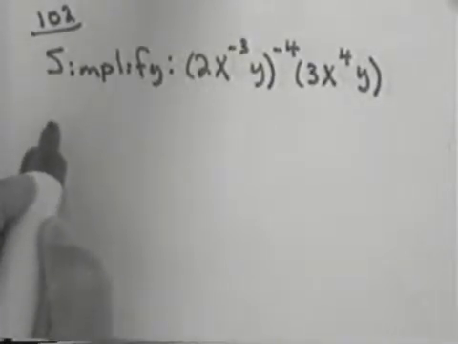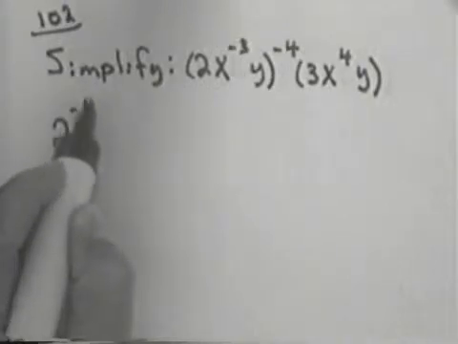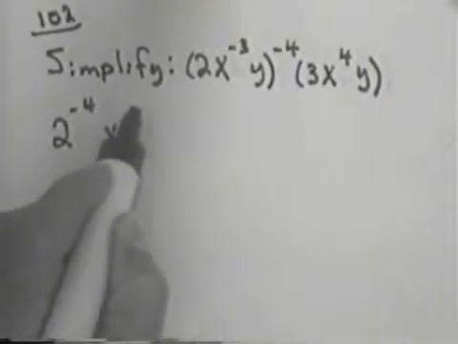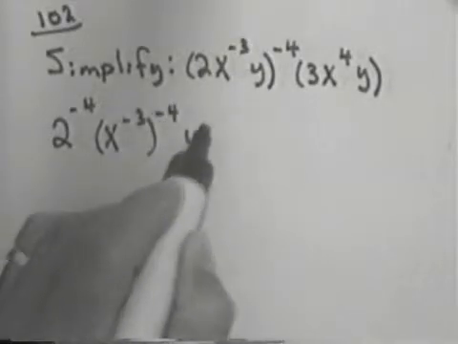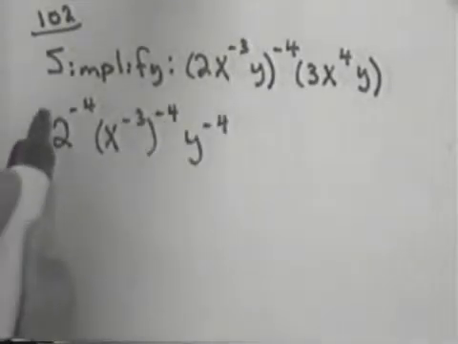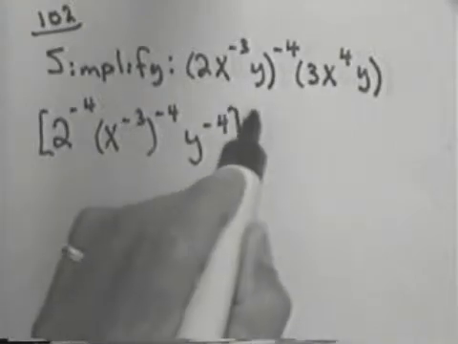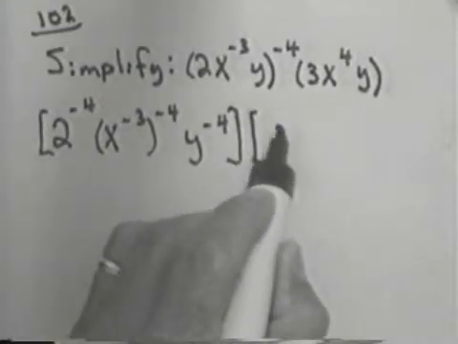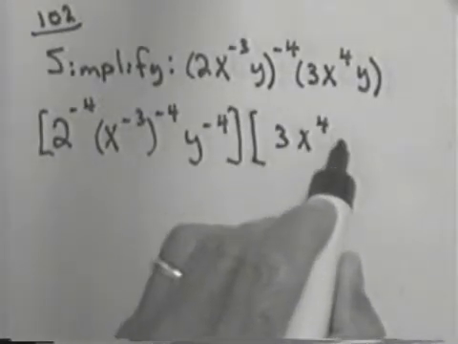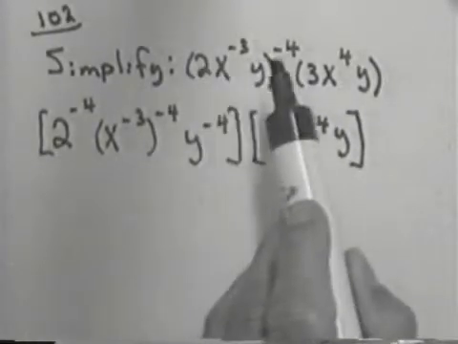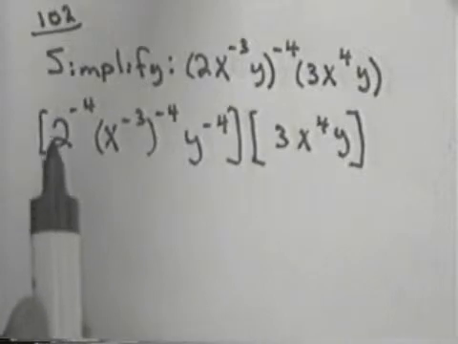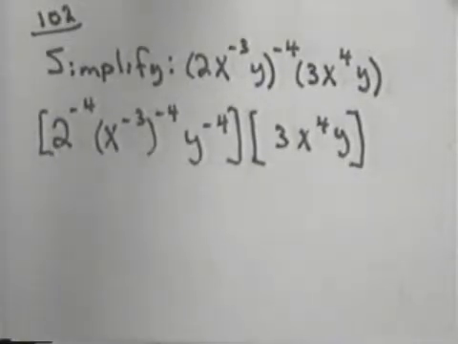So doing step 2, I'd have 2 to the negative 4, x to the negative 3 to the negative 4, y to the negative 4, times 3, x to the fourth, y. So I applied exponents outside the parentheses to all of the factors inside.